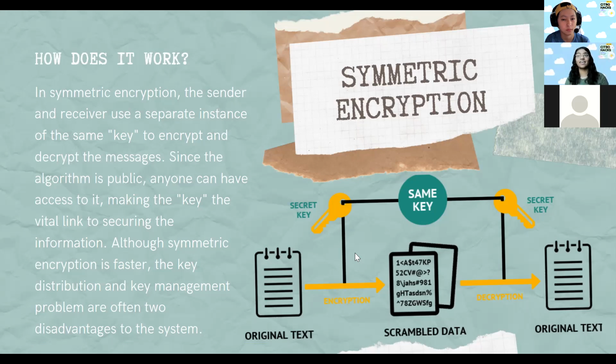Technically that is faster, especially if you're sending it to one person, but distributing different keys to different recipients slows the progress, especially if you're trying to mass email or mass send some vital information. So you're going to see a lot of commercial sectors use this for faster automation, but for government sectors, symmetric encryption is a very risky format, because if any information gets leaked, then it is all on them, you could say.